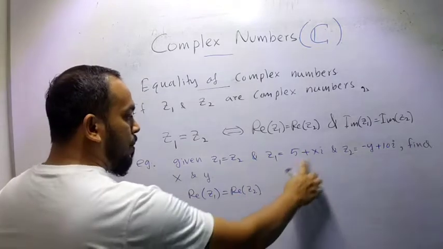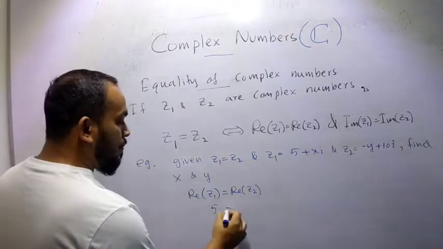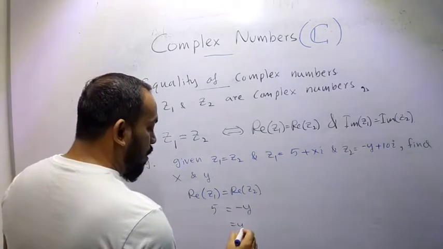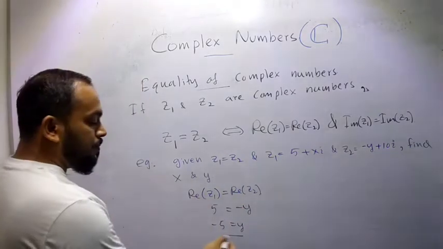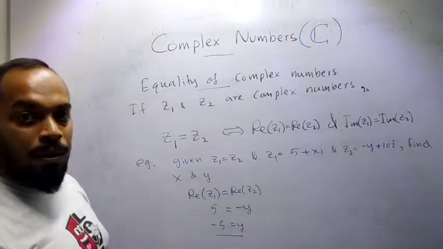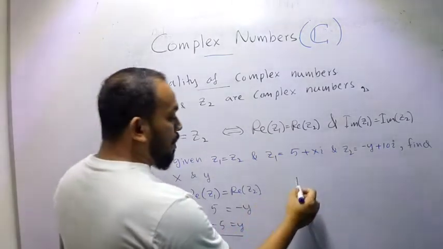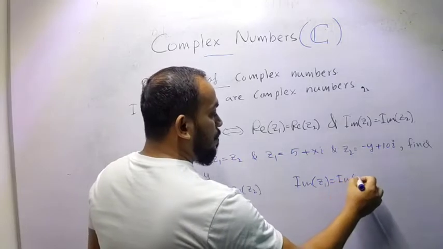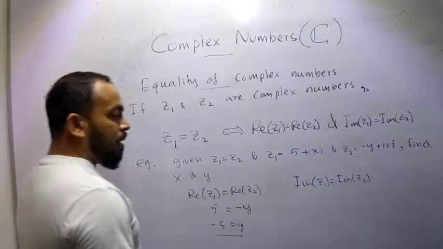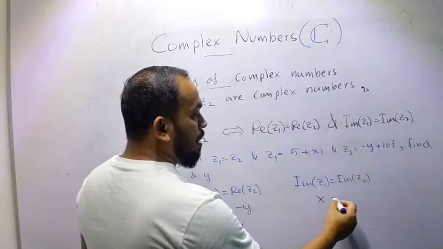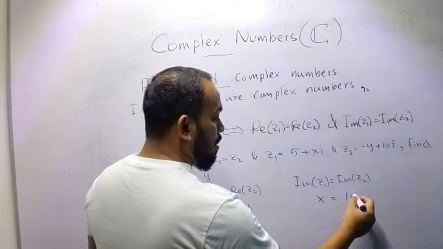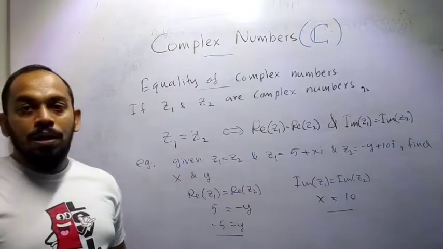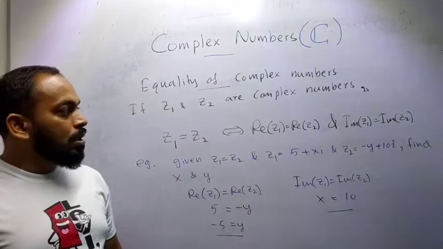The real part of z1 is just 5. The real part of z2 is minus y. So y is negative 5. One answer. Then the imaginary parts are also equal. The imaginary part of z1 is x. The imaginary part of z2 is 10. So x is equal to 10.